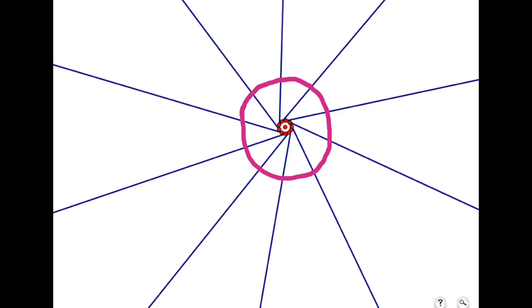Those angles equal a circle. When I shrink that polygon down enough, it just becomes the center of my circle. And all of these angles are going to add up to how many degrees? How many degrees does a circle have?